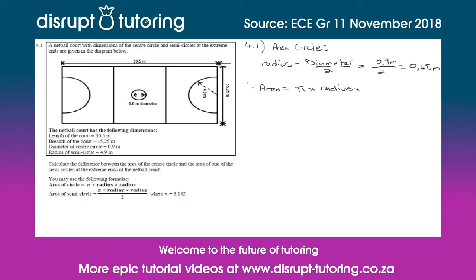So then, therefore, your area equals pi multiplied by the radius, multiplied by the radius again, and that's the formula that they said we must use.